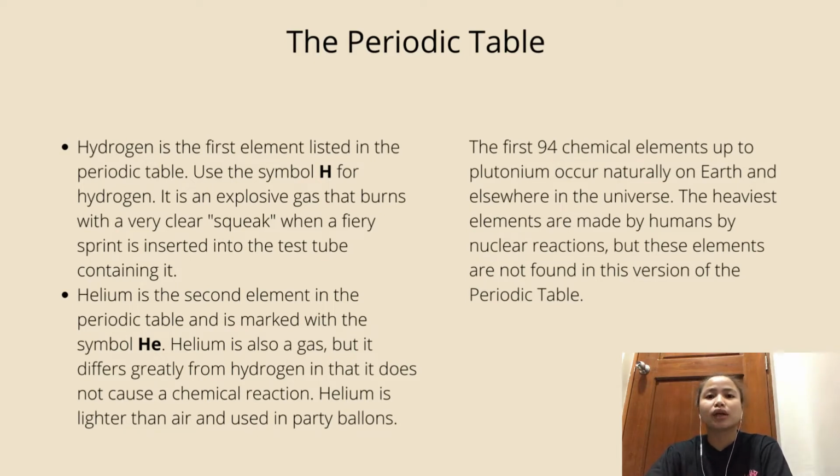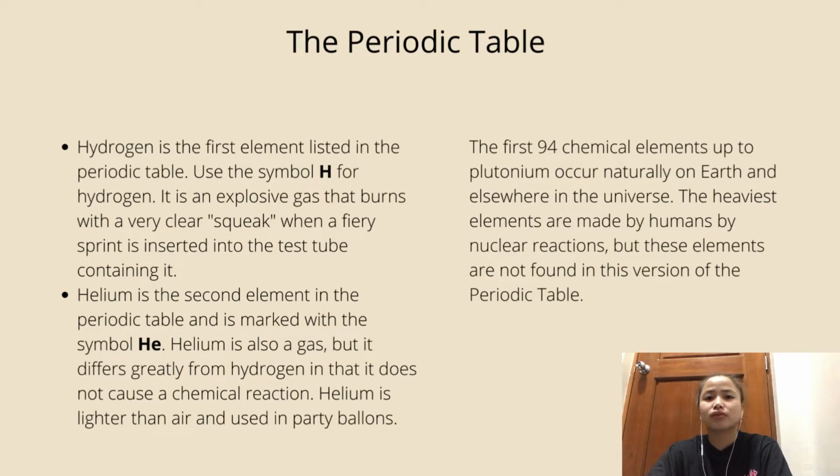Helium is the second element in the periodic table and has the symbol He. Helium is also a gas, but it is very different from hydrogen because it doesn't take part in any chemical reactions.